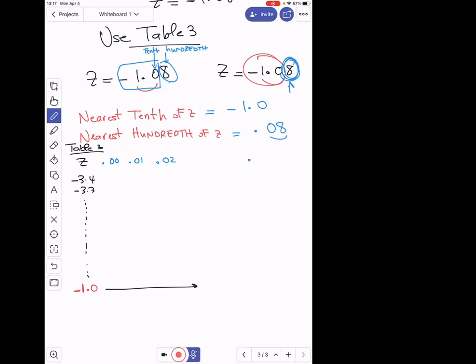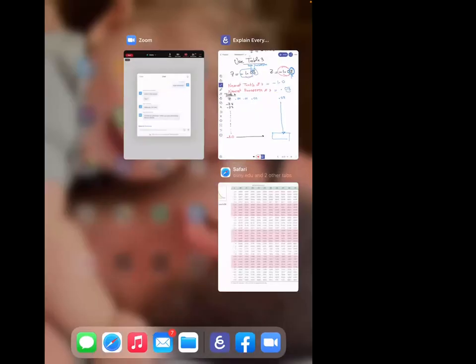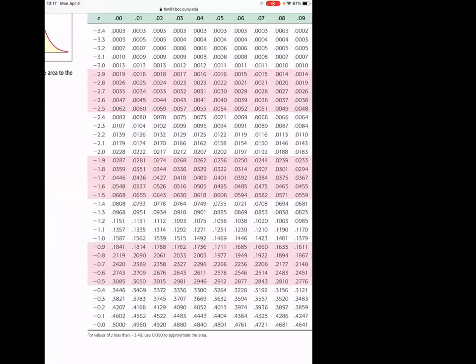We need to go to 0.08. So the answer would be the number in the row of negative 1.0 and the column 0.08. That's 0.1401.